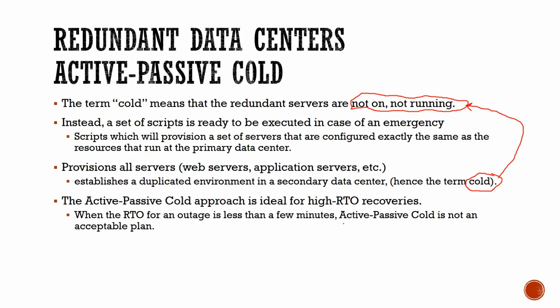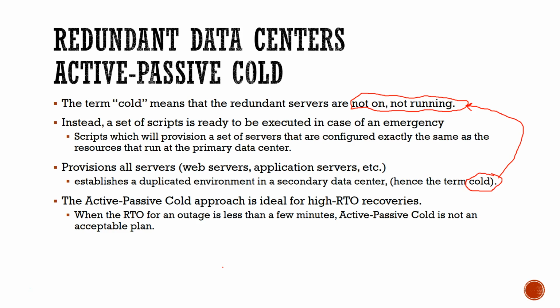It's just in standby mode, waiting in case there is some sort of a disaster or some sort of an issue. If the RTO for an outage is less than a few minutes, active passive cold, like the other method we just talked about, is not going to be acceptable.